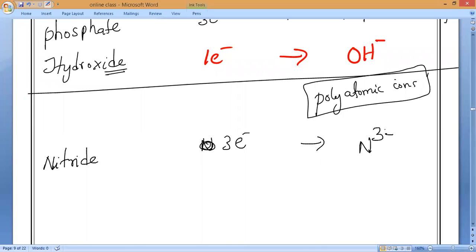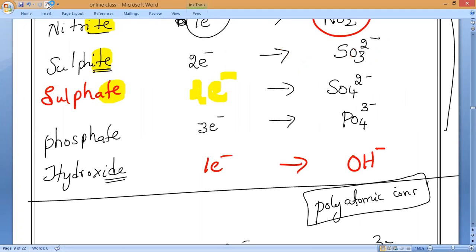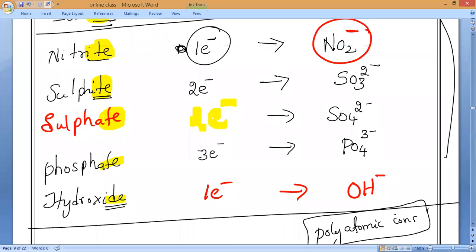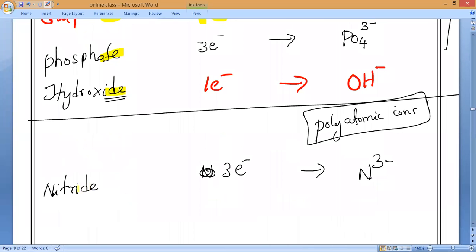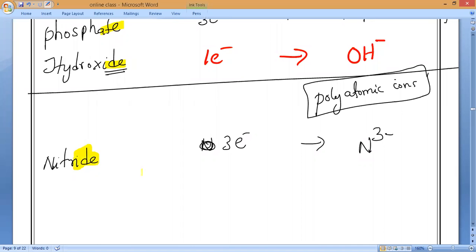So always remember negative ions always have 3 suffixes. What are the 3 suffixes? One is IDE, second one is ITE, and third one is ATE. These are the suffixes we have to add while writing the chemical compound name.